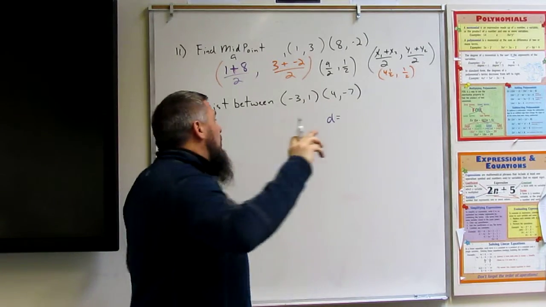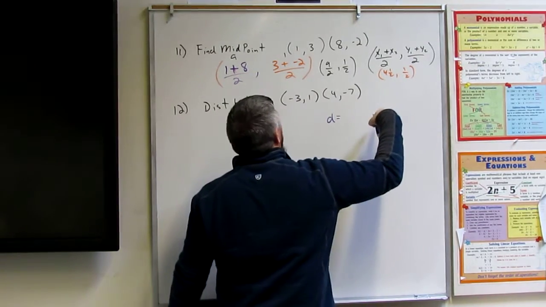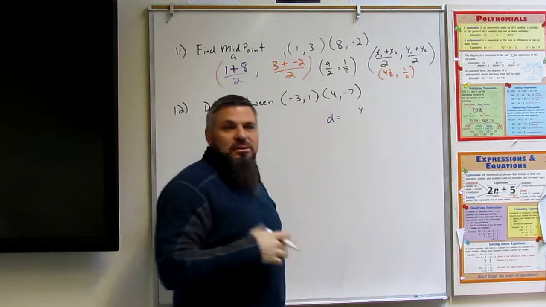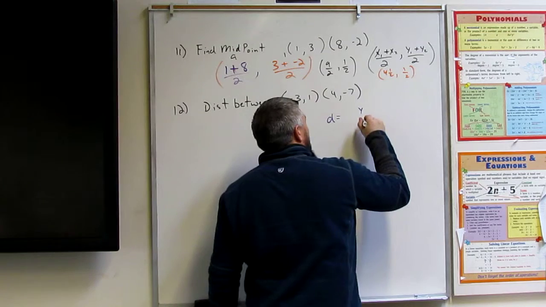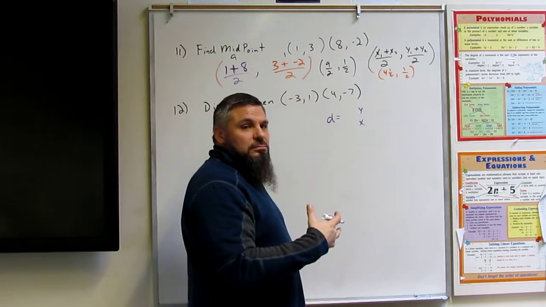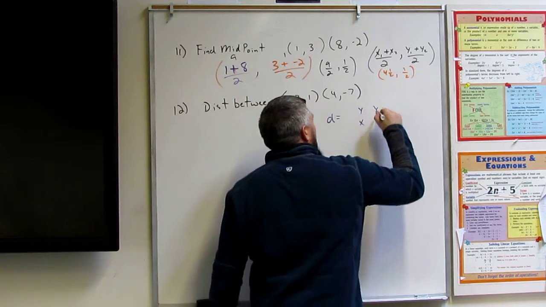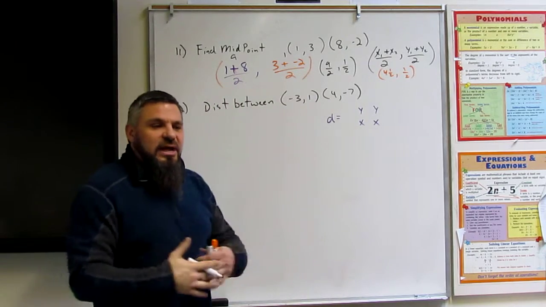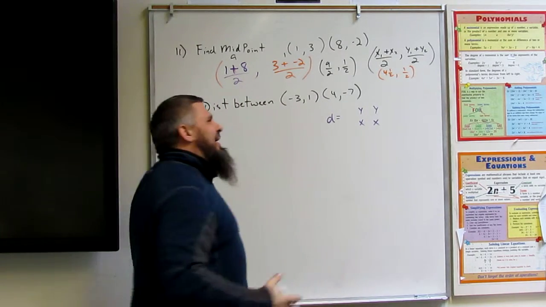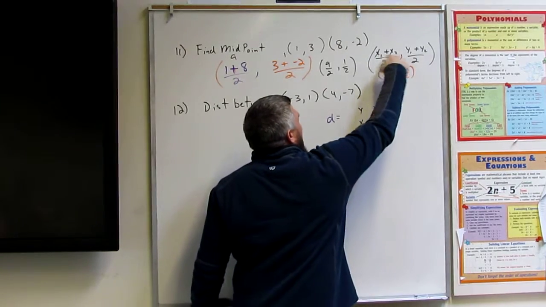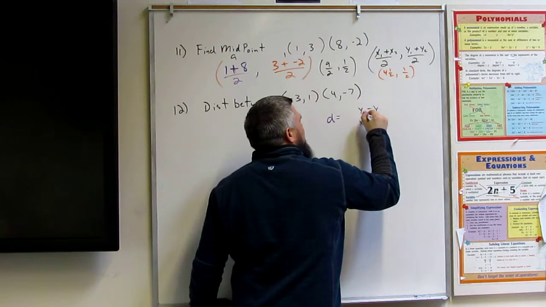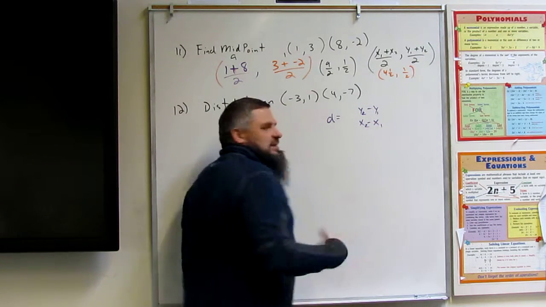The flip is that you have the y on top and the x on the bottom, and the other y on top and the other x on the bottom. But remember, we have to have them numbered. And the way the book does it, if they're adding, it's 1 and 2. If they're subtracting, it's 2 and 1. So that's how that works.